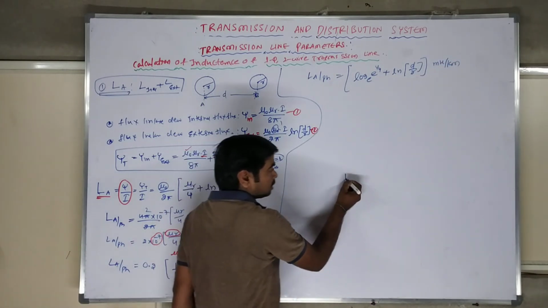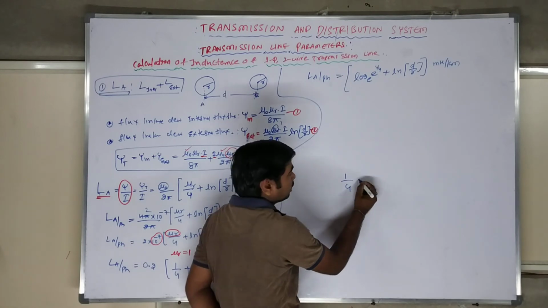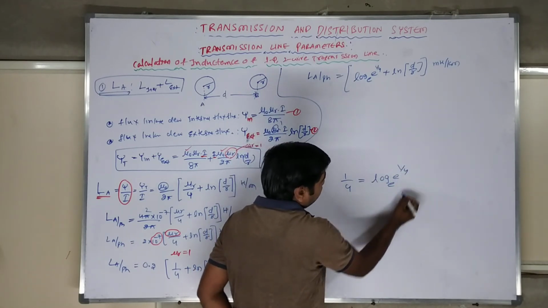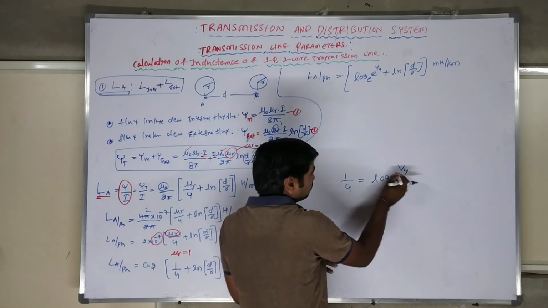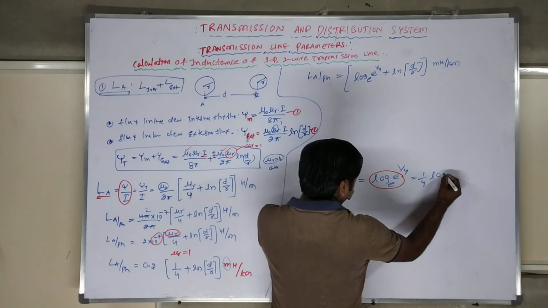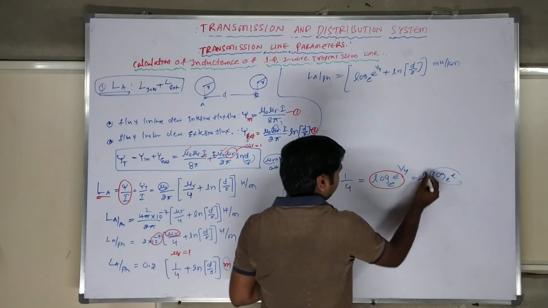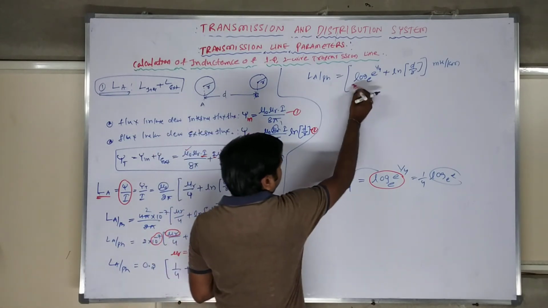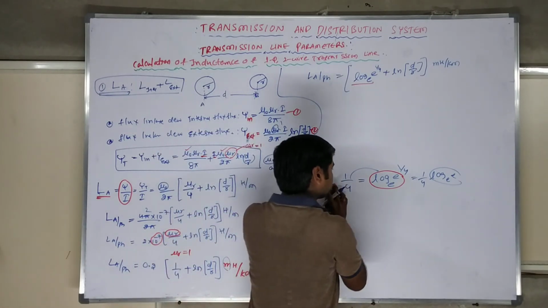I am writing the 1 by 4 as log e power 1 by 4, because log e to the base e is equal to 1, so this 1 by 4 remains. That is how I wrote it here, from the logarithm concept.